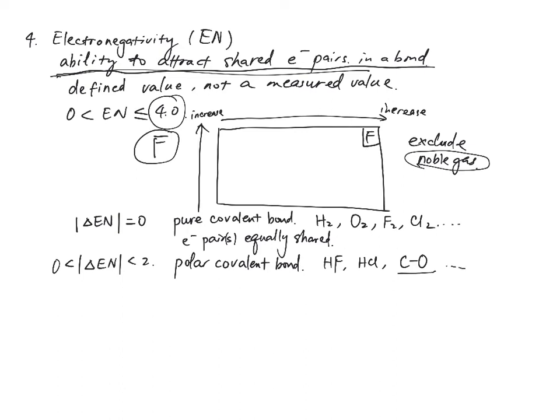These are different elements. They have different electronegativity, but since they're all nonmetals, their electronegativity difference is not going to be that huge. In that case, they still share electrons, but your electron pair or electron pairs are not equally shared, but still shared.